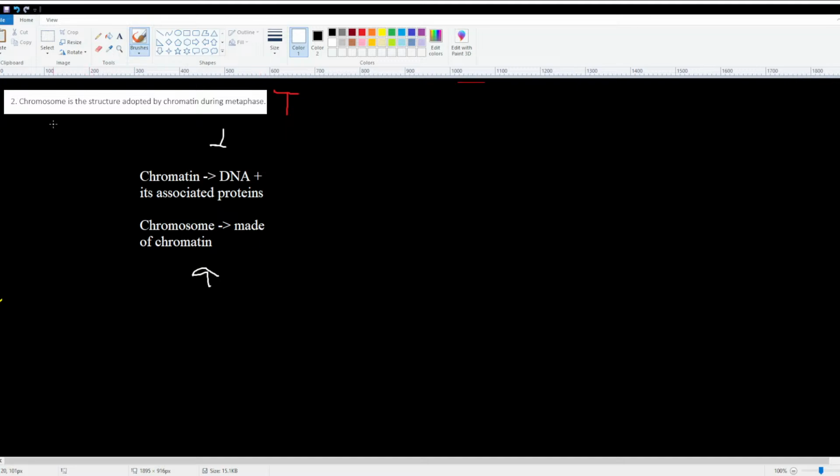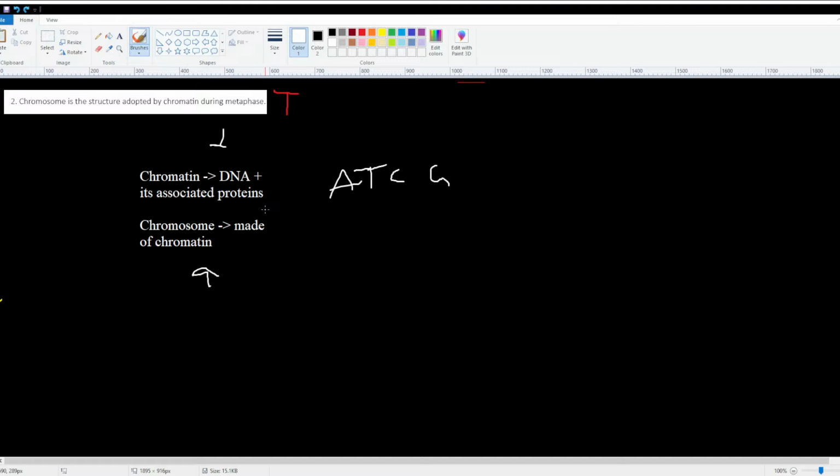So when we say chromosome is the structure adopted by chromatin during metaphase, well, chromatin makes up chromosomes, right? So DNA, that's of course A, T, C, and G, right? And its associated proteins. These associated proteins would be something like histones, or maybe not promoter regions, more like activator proteins, that sort of thing, right?